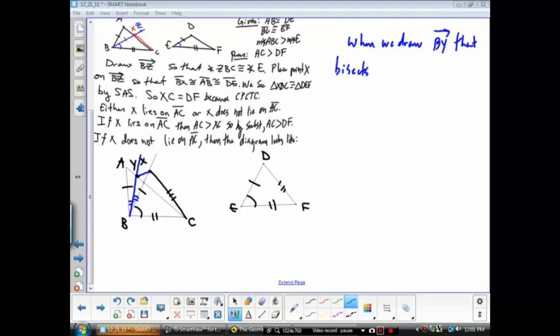Bisecting angle ABX, then what we have is congruent triangles ABY and XBY.